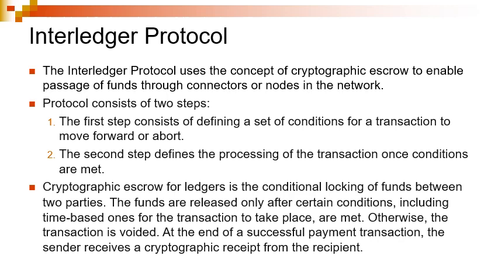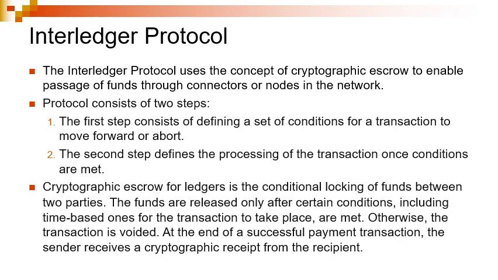The first step consists of defining a set of conditions, business conditions, parameters for a transaction to move forward or abort. And the second step defines the processing of the transactions once the conditions are met.